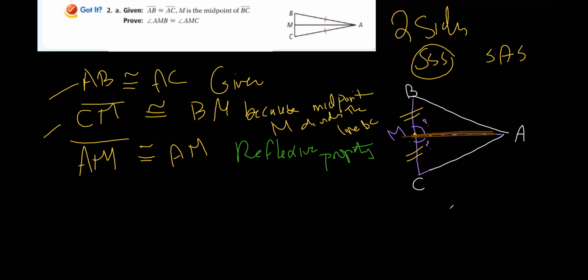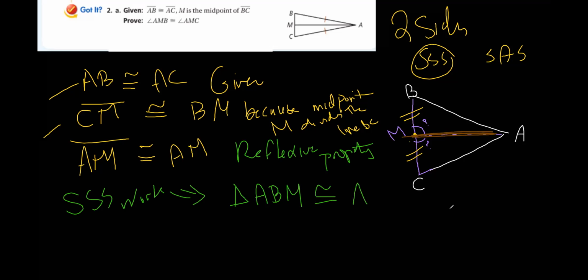Then after that, since SSS works, I will conclude that the triangle ABM is congruent with the triangle ACM. Is it right? Yes.